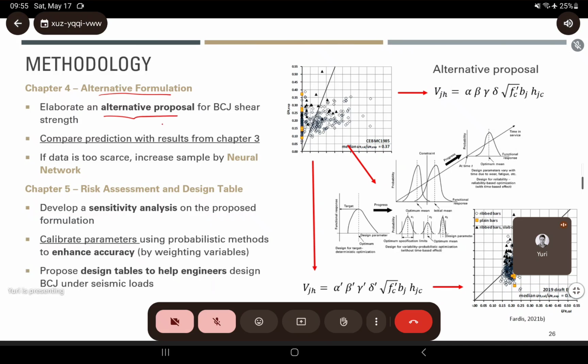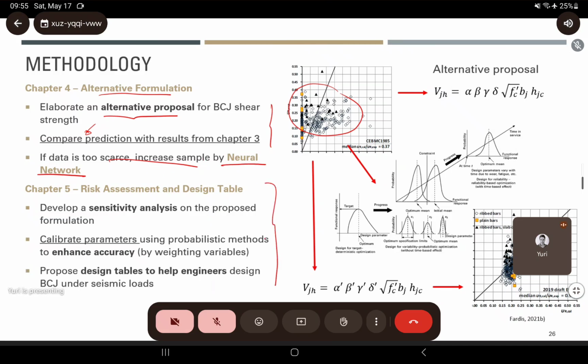After we have come up with an alternative proposal, we want to compare the predictions of this formulation to the previous results. So we are going to compare the authors and codes. And maybe if we don't have enough data, we might use a neural network to increase the sample size. This is an idea and we think it might work.